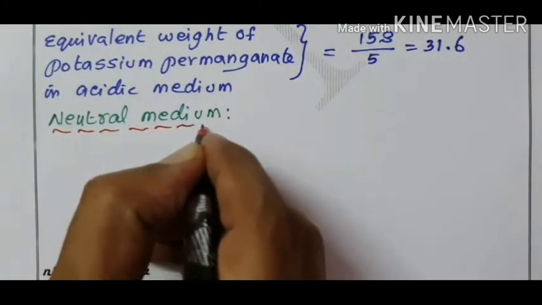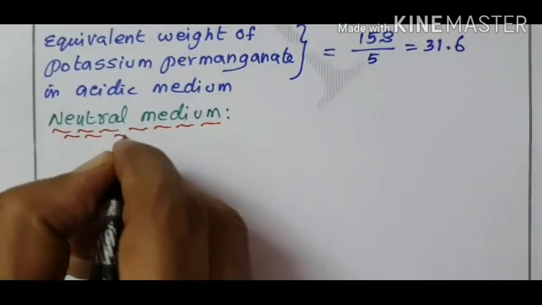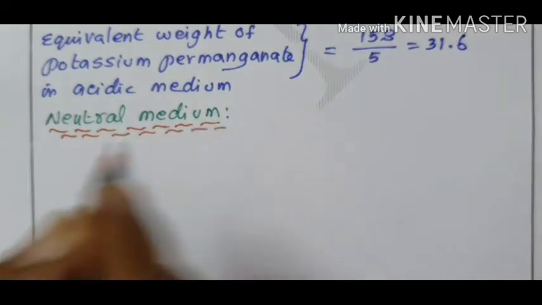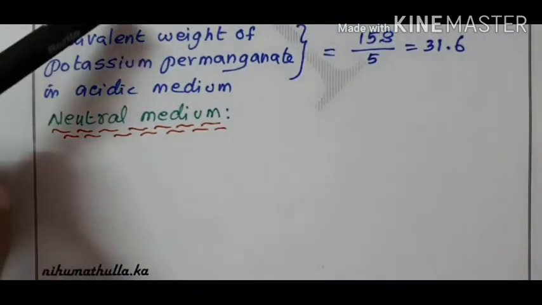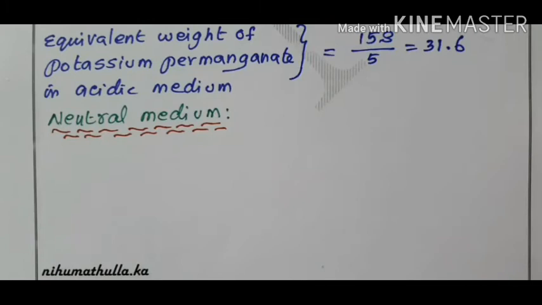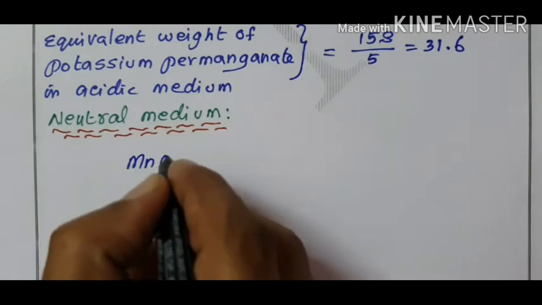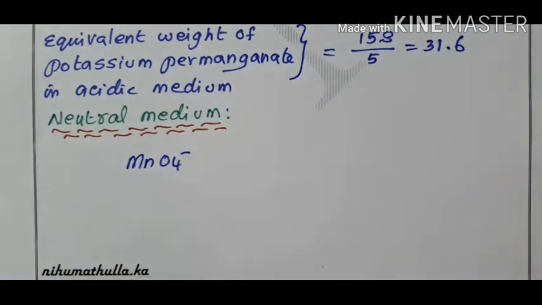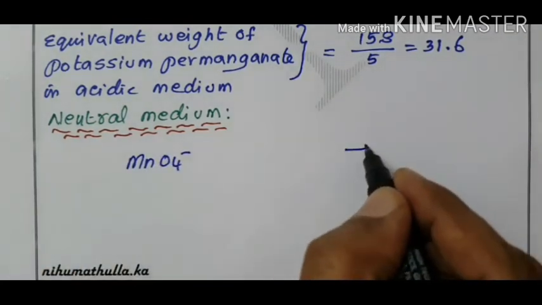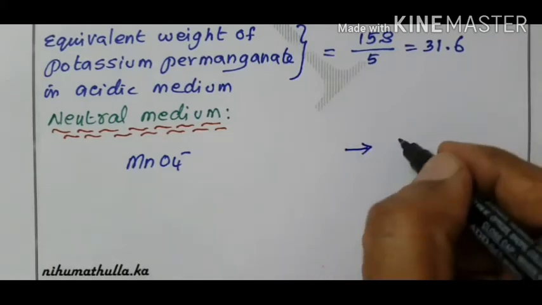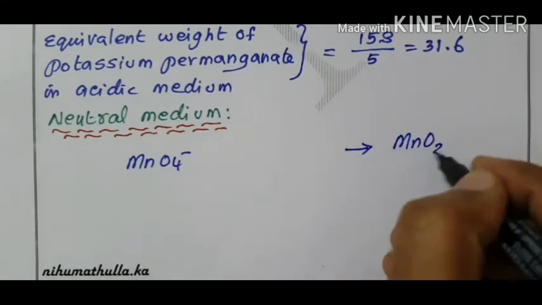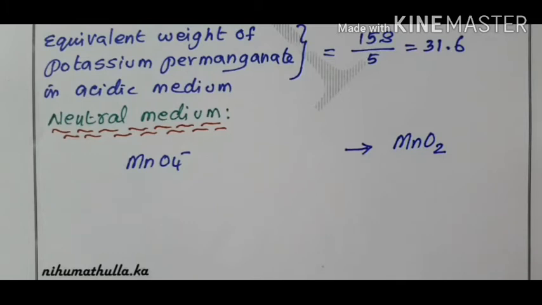Neutral and basic medium balancing is entirely different when compared with the acidic medium balancing. In neutral medium, the permanganate ion, MnO4 minus, is reduced into MnO2.